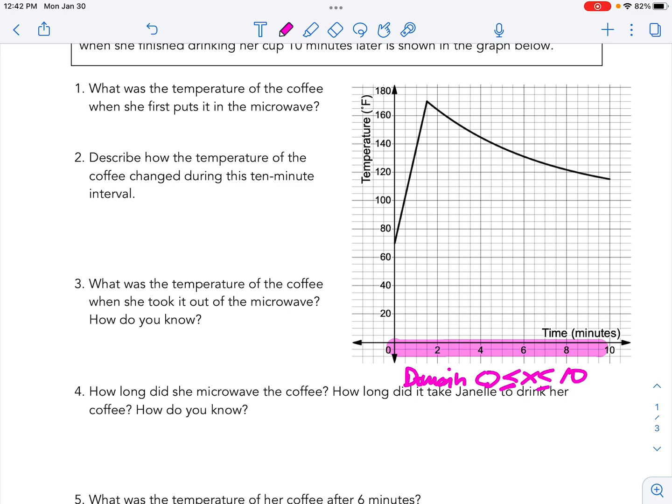So from 0 all the way to 10, that's how you would say that in words. Of course, I got an inequality here. 0 is less than or equal to x, is less than or equal to 10. The graph covers those x values nonstop.